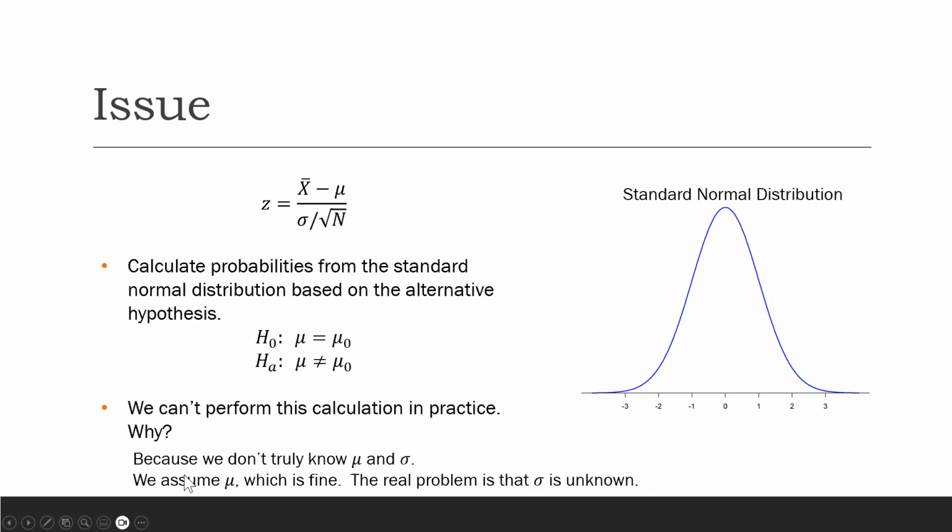Mu is not a problem here. The big problem with this whole process of gathering data and then determining if I've gathered enough evidence by using the probabilities from that standard normal distribution, the real problem is that sigma is unknown. And so we have a formula with something that we can't truly calculate.